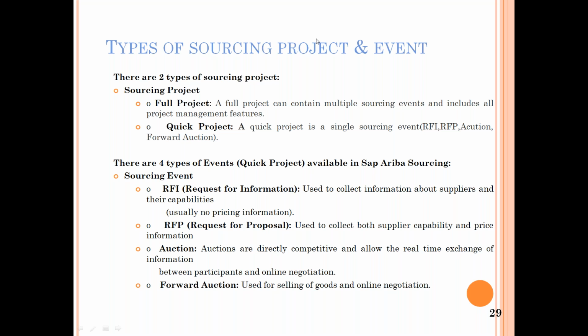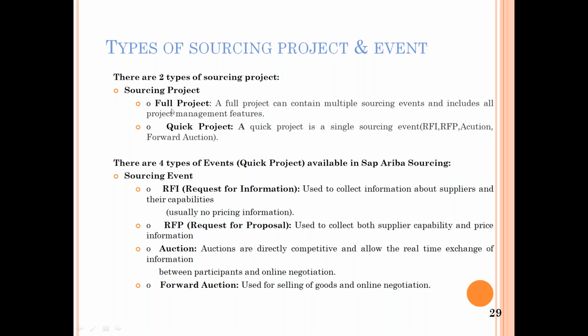Basically in sourcing we have different types of events. We have full project event and quick project event. So there are two types of sourcing project events: full project and quick project. For a full project, there are four types of events: RFI, RFP, auction, and forward auction.